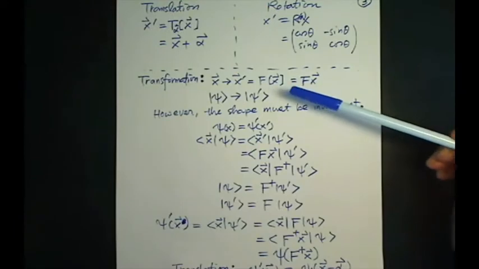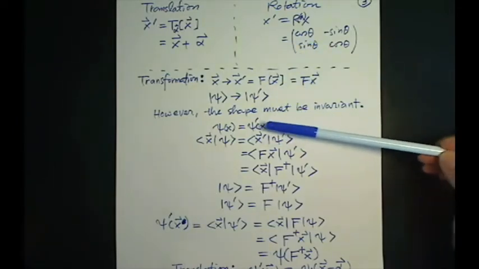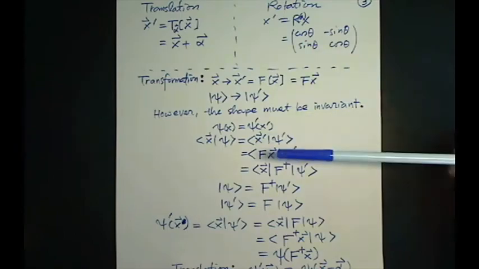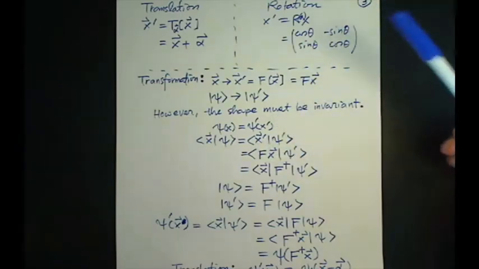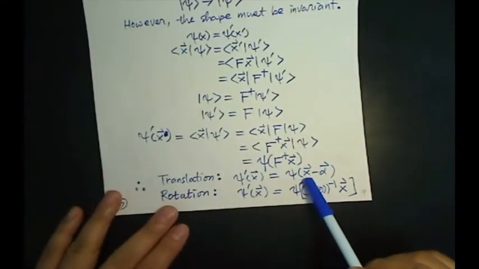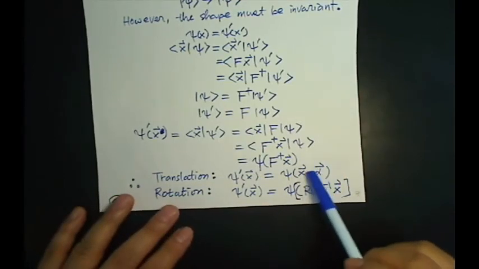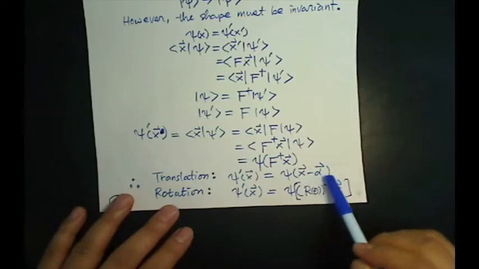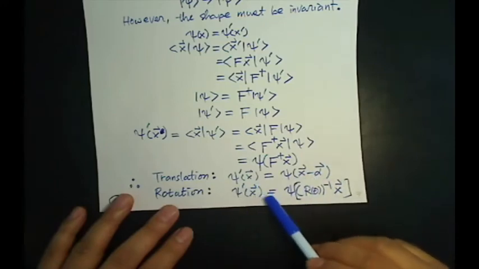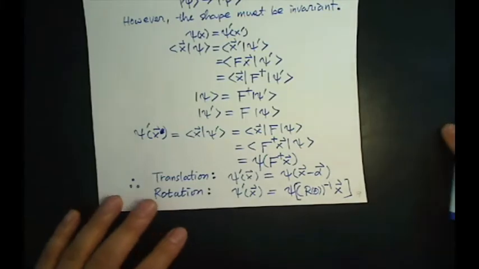However, if you want to do that in the wave function or state ket, what we really have to do is replace our argument by those inverse transformations. So translation by plus alpha means replace the argument by x minus alpha; rotate by angle theta, then replace the argument with the vector rotated in the opposite direction.